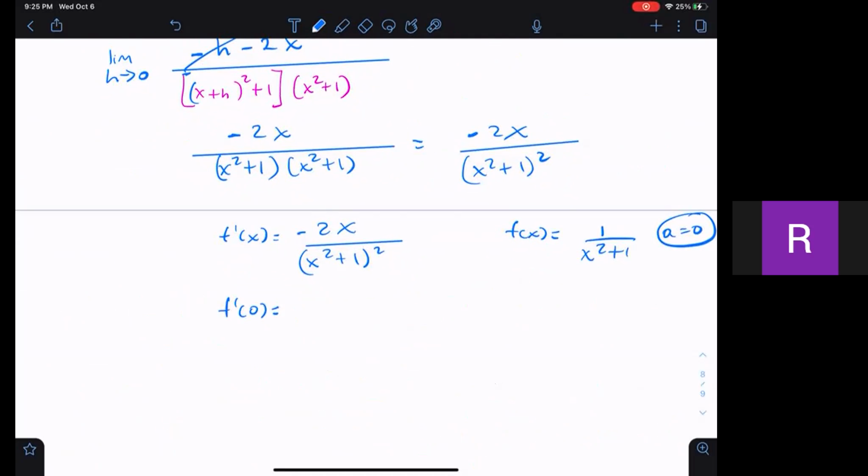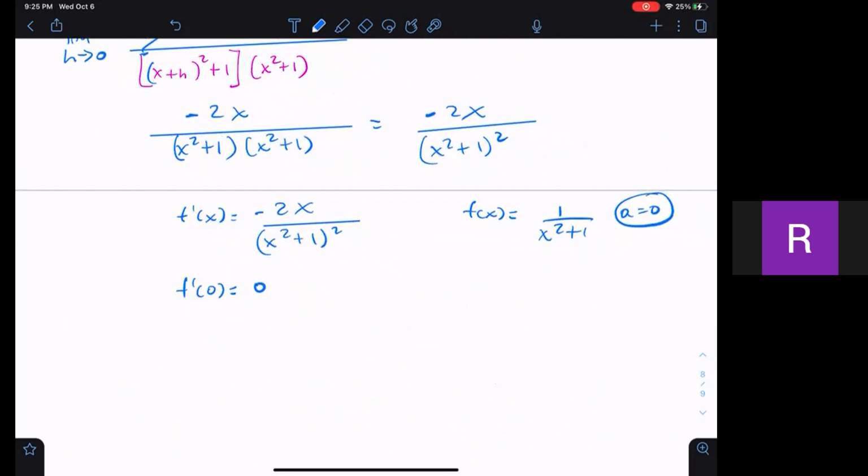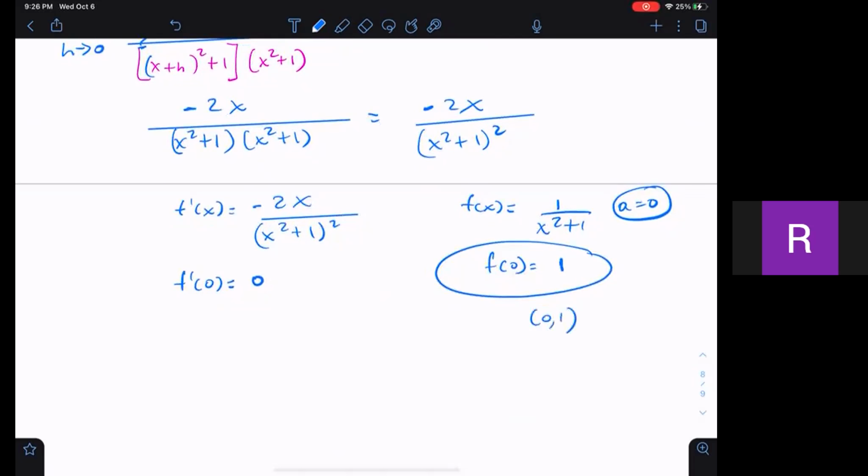Well, if this is 0, that's going to be 0, right? Because if we plug 0 in the function, that's what we get. And the y value, f of 0. Interesting. So this is 0, that's going to be 1, right? So (0, 1) is the point of interest, but the slope is 0. So that means that this y equals mx plus b.